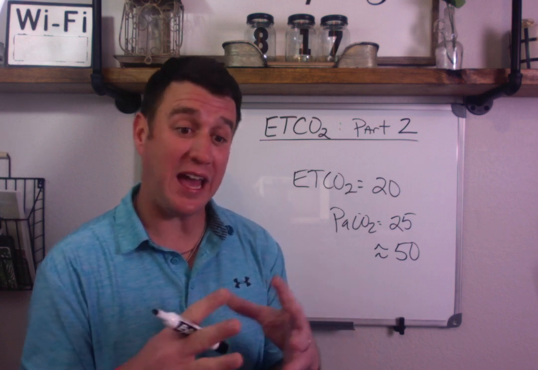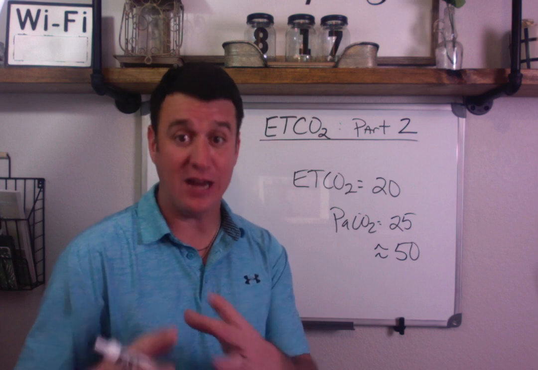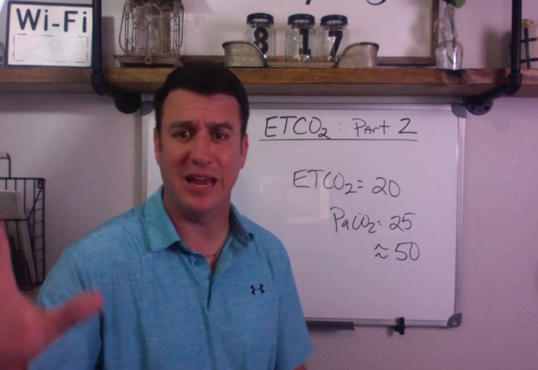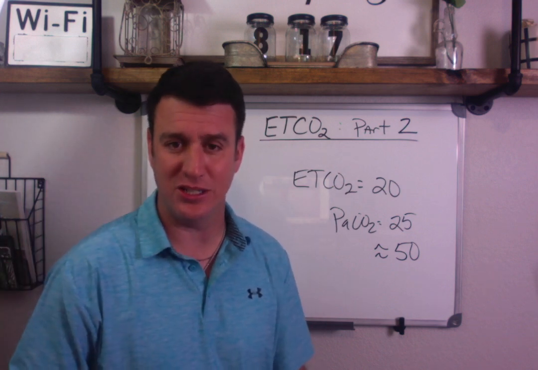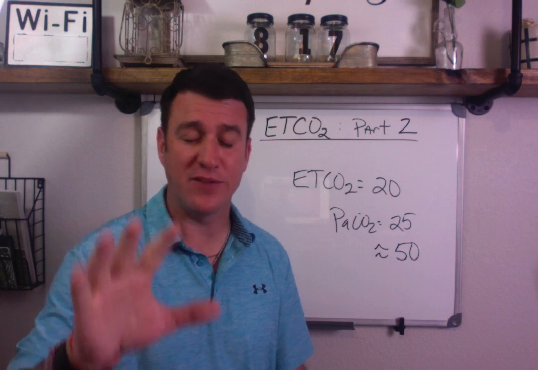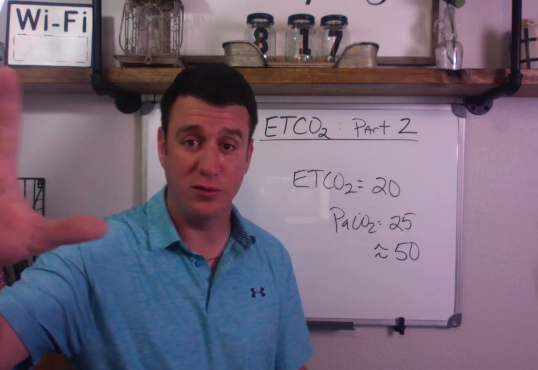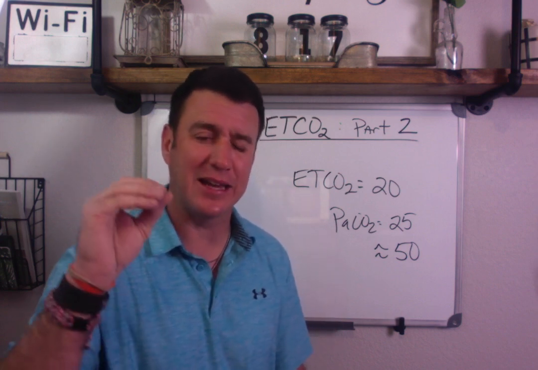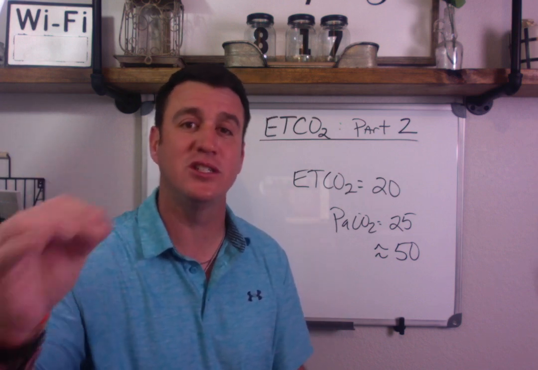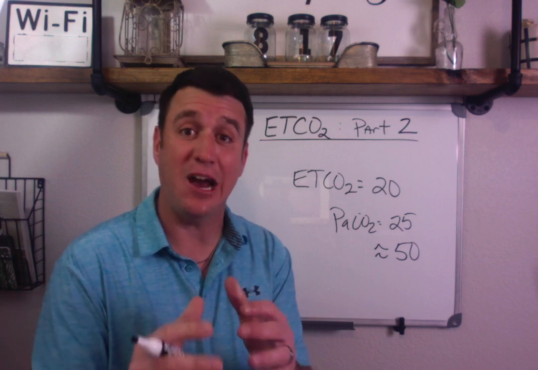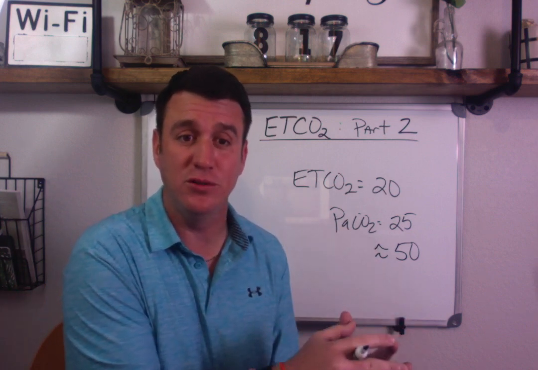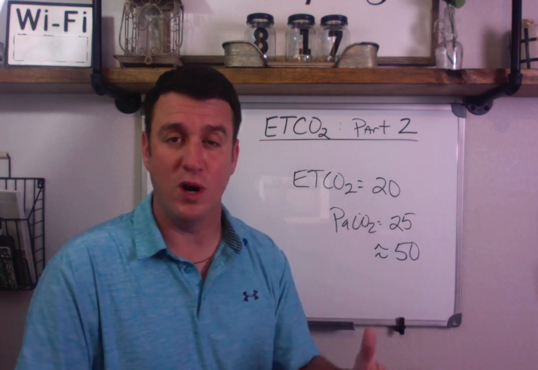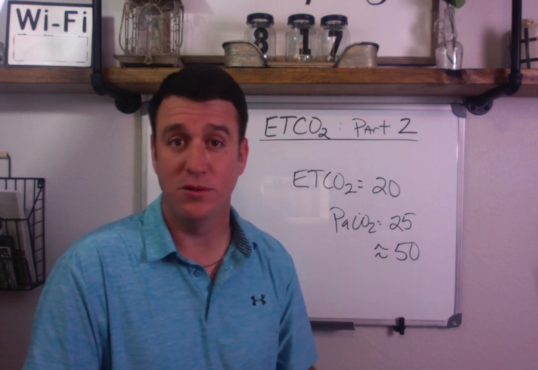So we can use that as a reference point, right? Non-invasively. I don't even need a blood gas to assess oxygenation. I know that if I have an SpO2 at about 90 to 92%, I can estimate what my arterial oxygenation is. This is how we use end-tidal CO2 to approximate what our arterial CO2 is, okay?